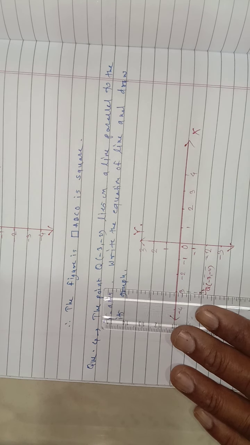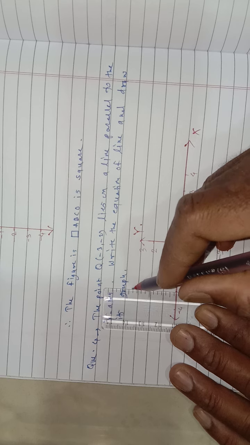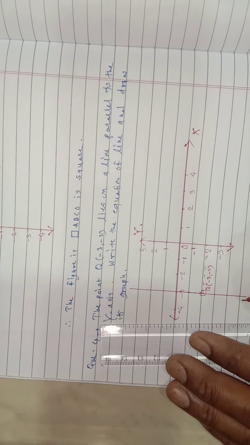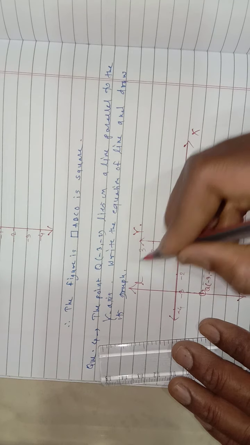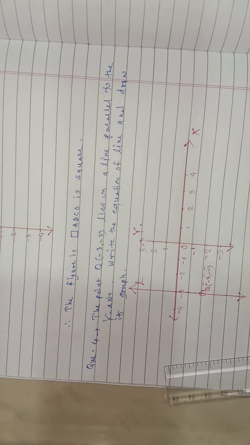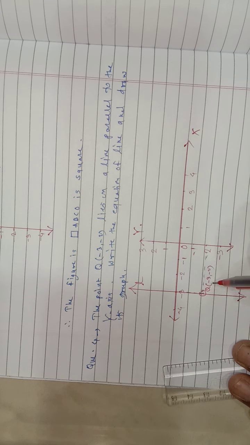If we draw the line parallel to the y-axis, this is line L, parallel to the y-axis, and point Q(-3, -2) lies on this line L. Therefore, how do we calculate the equation of this line L?